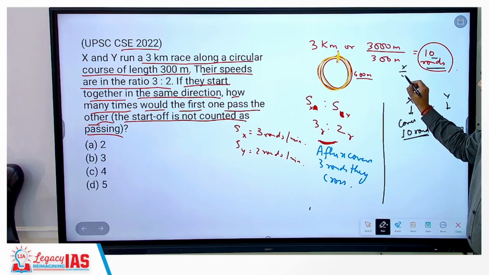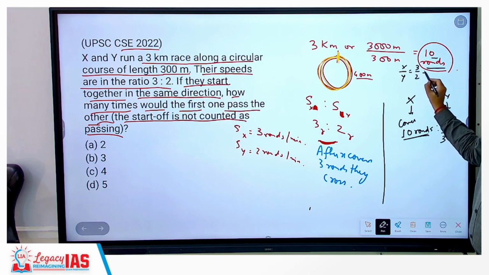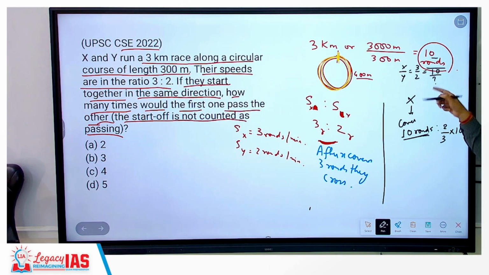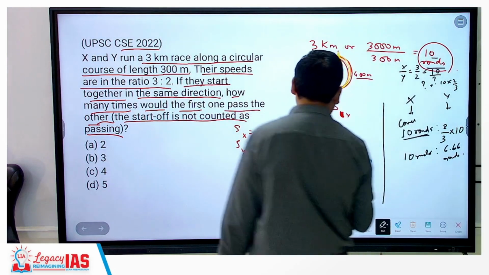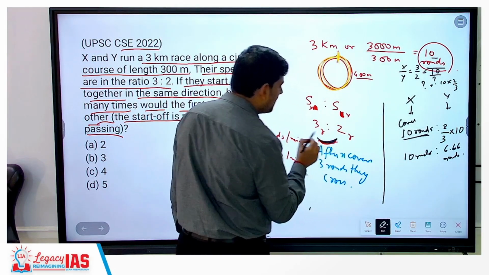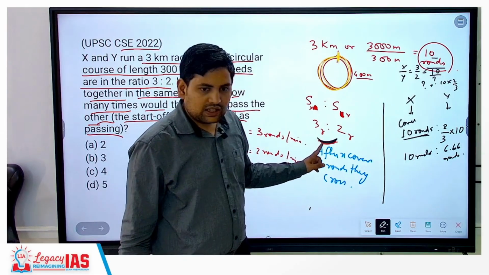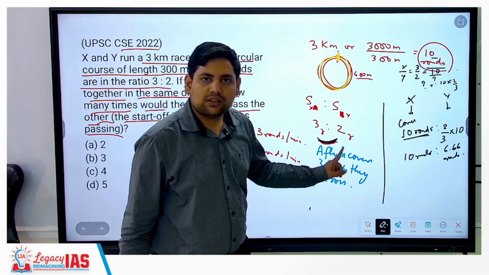So x to y has to be 3:2. Now if x is covering 10, then y is asked. So this question mark will be equal to 10 into 2/3. That's it. So this came out to be 10 rounds and this came out to be 20/3, that is 6.66 rounds. Now earlier the difference was 1 round, so I said they will meet one time.